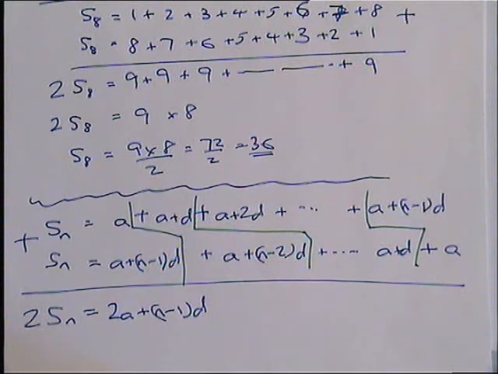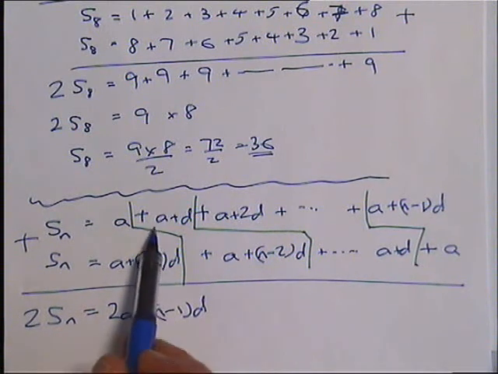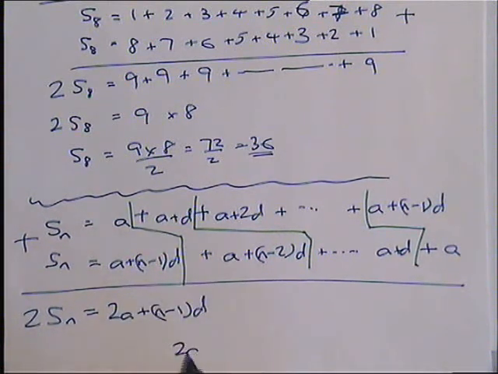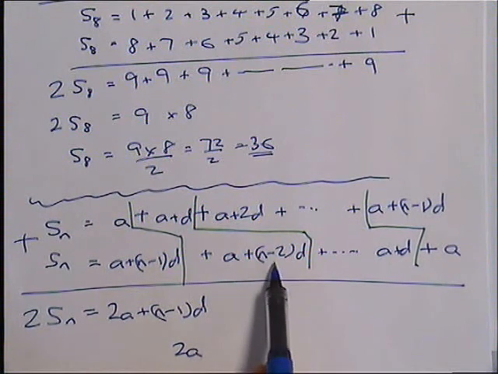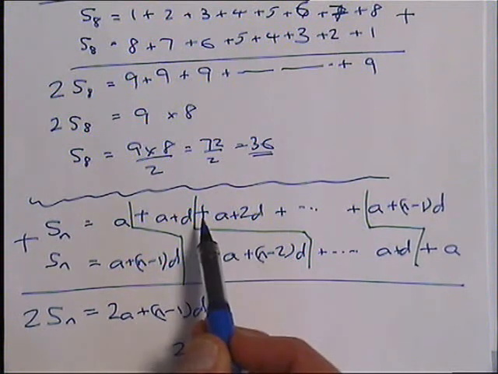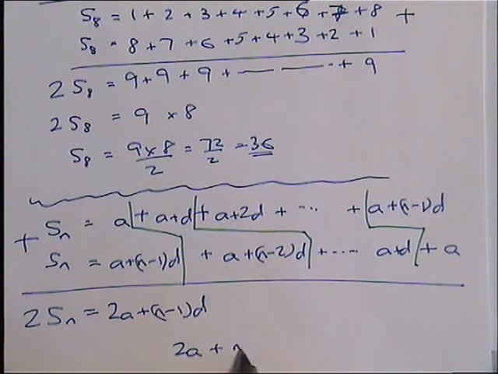What have I actually got there? Well, I've certainly got 2a, there's an a there and an a there. Then I've got n minus 2 d's here and another d up there, so n minus 1d.